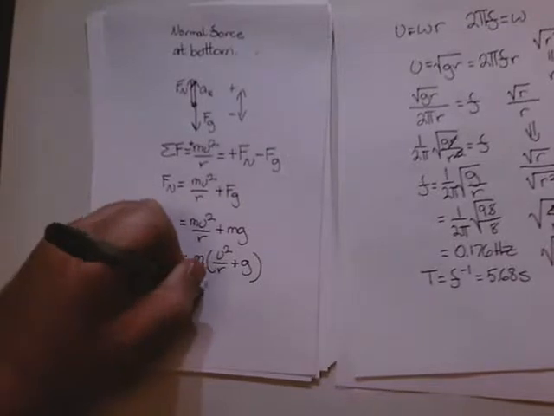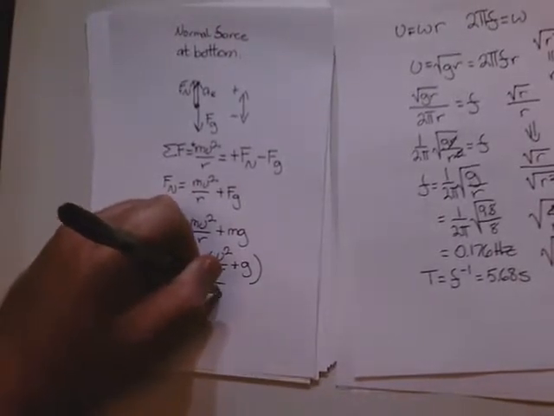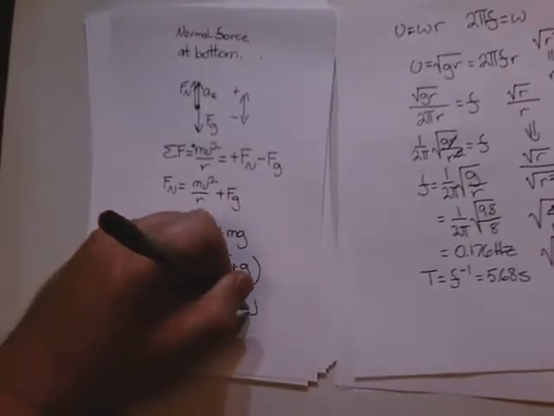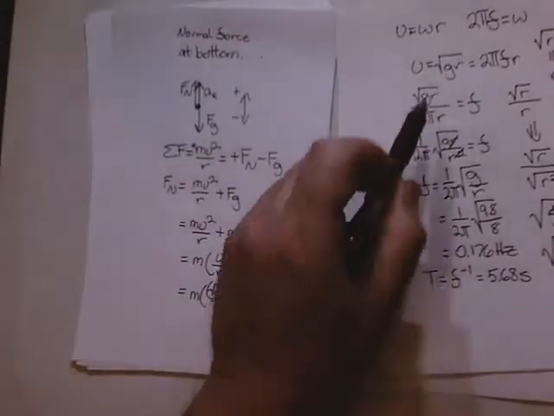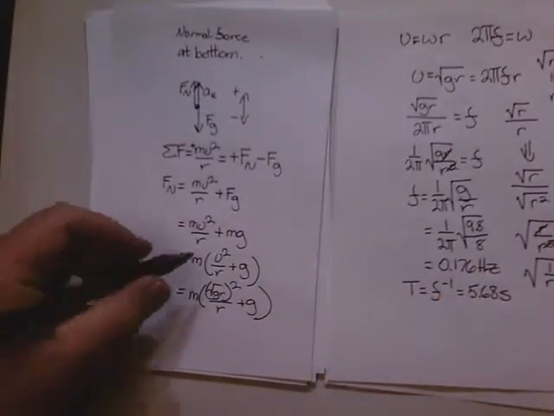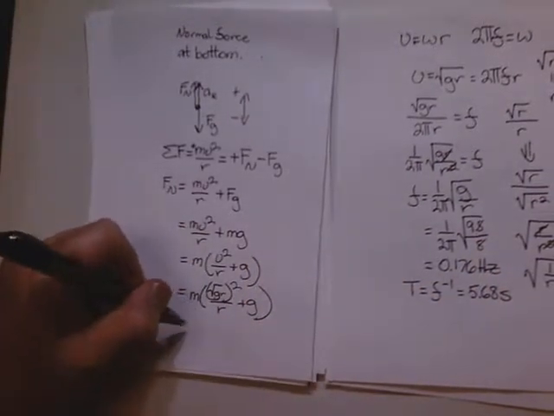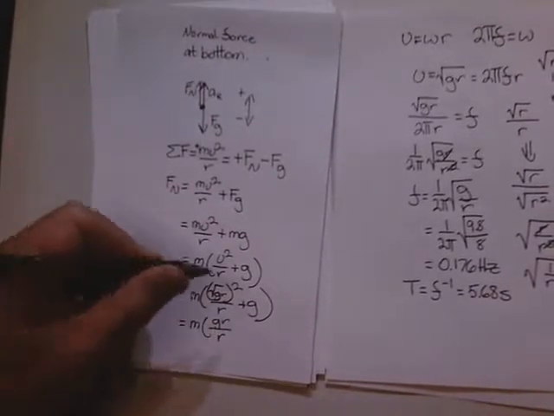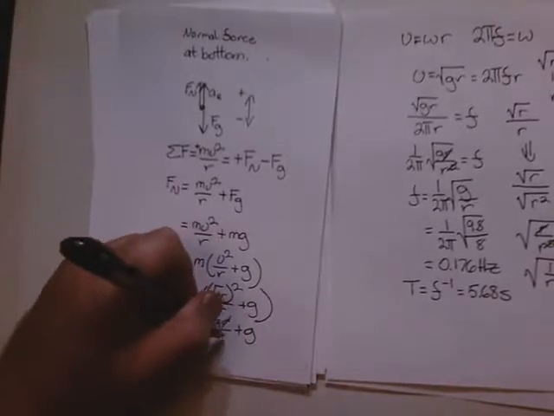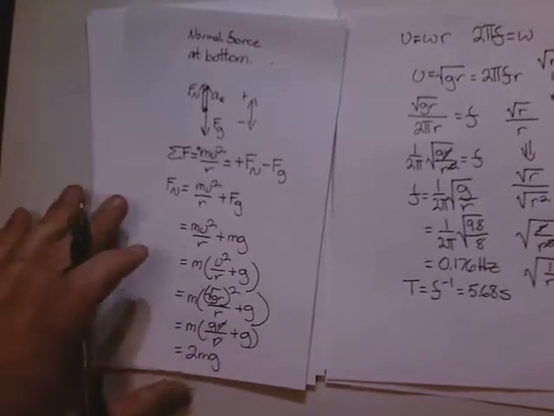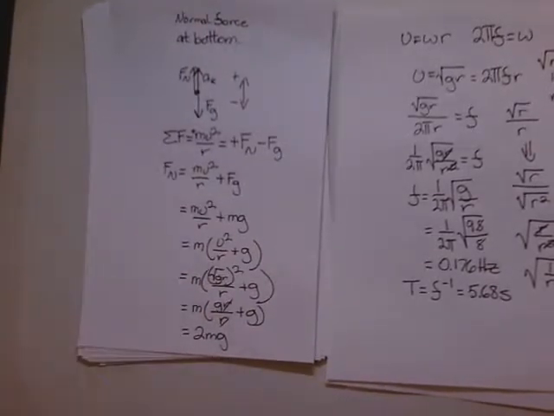So this is m times square root of gr squared over r, plus g. Because v is the square root of gr that we got over there. So that becomes m gr over r plus g, or 2mg. So the normal force is twice that of the force of gravity.